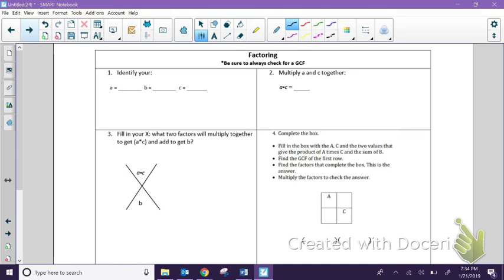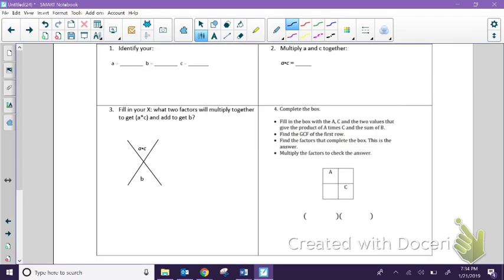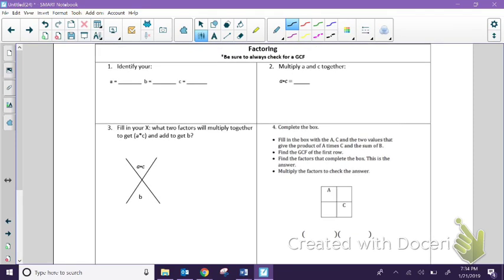If I give you the example y equals x squared plus 13x plus 42, okay?